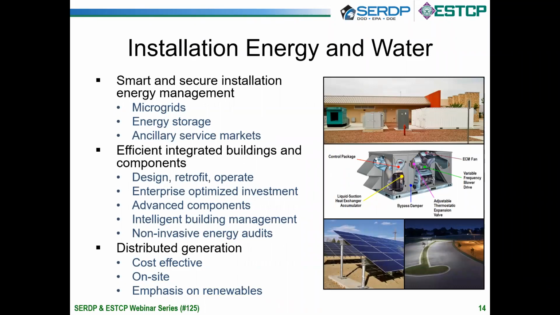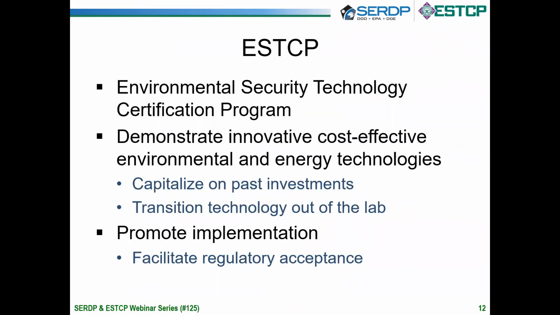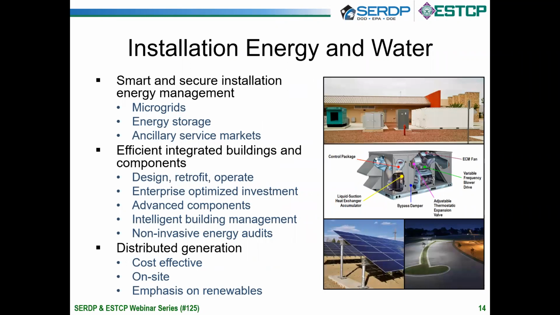There are 4 program areas in SERDP and 5 in ESTCP. The Installation, Energy, and Water program area is only in ESTCP, while the other 4, environmental restoration, munitions response, resource conservation and resiliency, and weapon systems and platforms, are both SERDP and ESTCP programs managed jointly by a designated program manager.